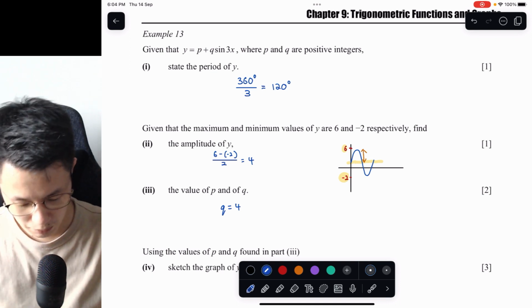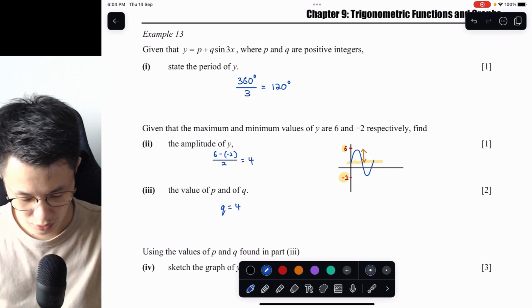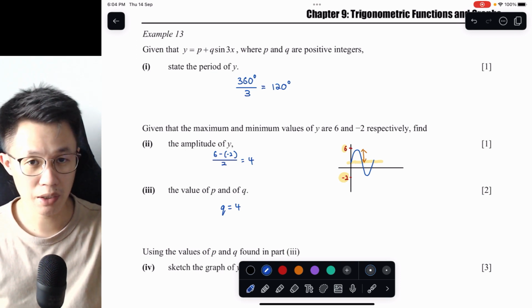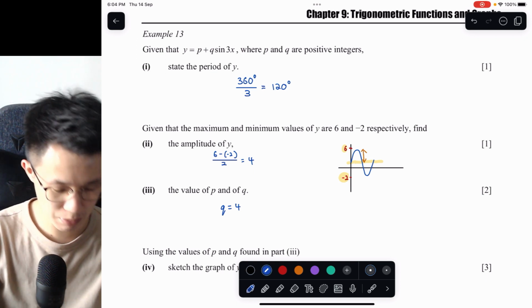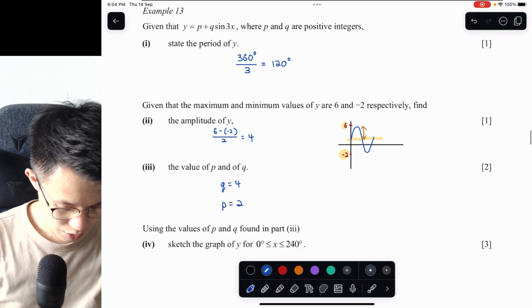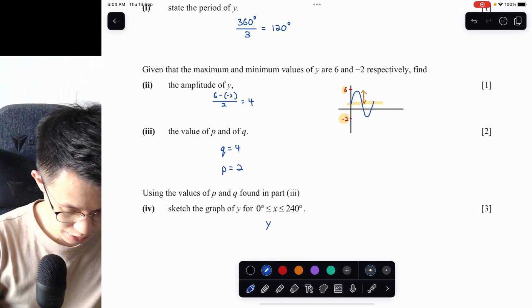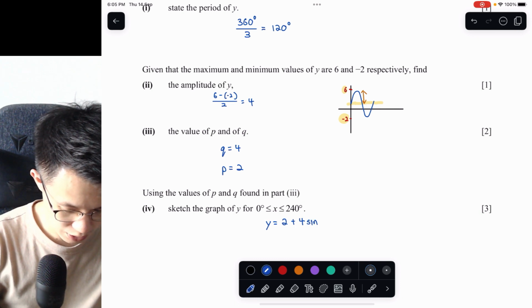The original maximum value is actually 1, and then you multiply by 4, it will become 4. So in this case, how to get 6? You simply plus 2. So p must be equal to 2. So the graph is actually y equals 2 plus 4 times sine 3x.